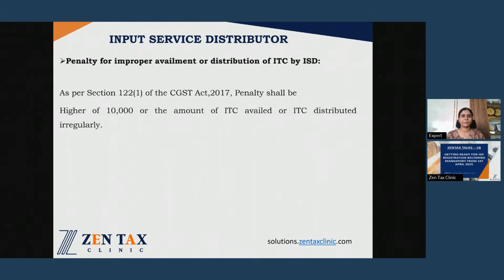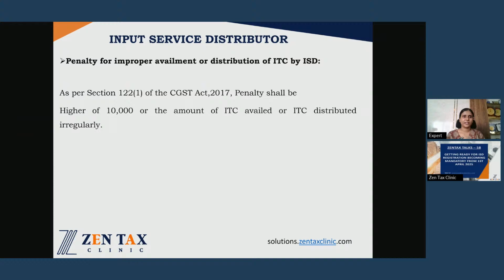Now we will see what penalty is applicable if any improper availment or distribution of ITC is made by the ISD. The penalty under this will be the higher of 10,000 rupees or the amount of ITC availed or ITC distributed irregularly. So the penalty here will be 100% of such ITC amount transferred or 10,000, whichever is higher.